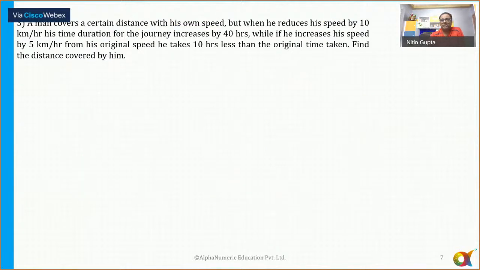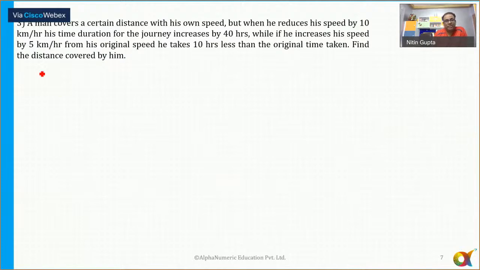Let's take question number 3. This is one question where people actually struggle a lot. It says a man covers a certain distance with his own speed, but when he reduces his speed by 10 km per hour, his time duration for the journey increases by 40 hours.